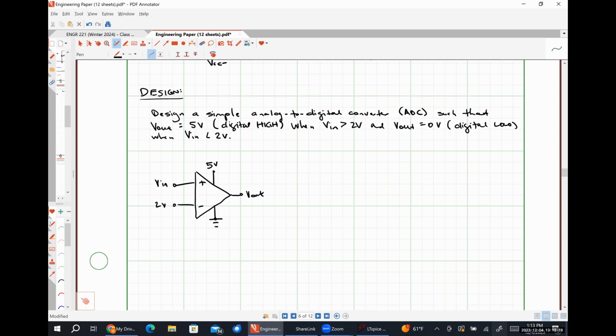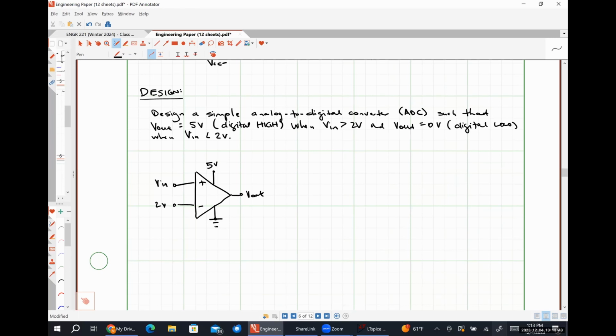Okay. So how would I go about doing that? There's 2 options. One, I would step up the voltage of some source to 5 volts. Or we're going to step something down from 5 to 2, because that's going to be a bit easier for us to do. That's not going to require a boost converter or anything like that. We're going to figure out how to do it with resistors.